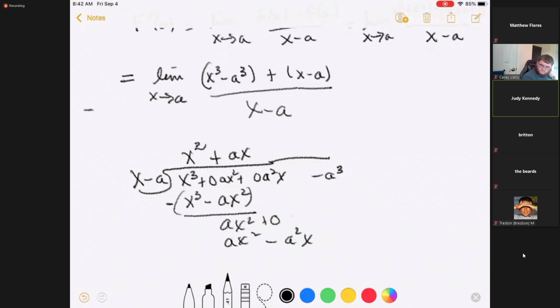So I'm going to bring down that 0a squared x. Subtract, and if you've done it right, this part goes away. But this was minus minus, so it's going to be plus a squared x.